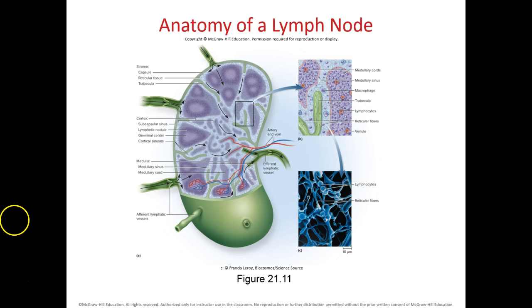All right, so here's a picture showing a lymph node. We haven't done the kidney yet, but when we look at the kidney, it'll look similar. The only difference is the kidney doesn't have all these afferent vessels entering into it, but we'll look at that soon.